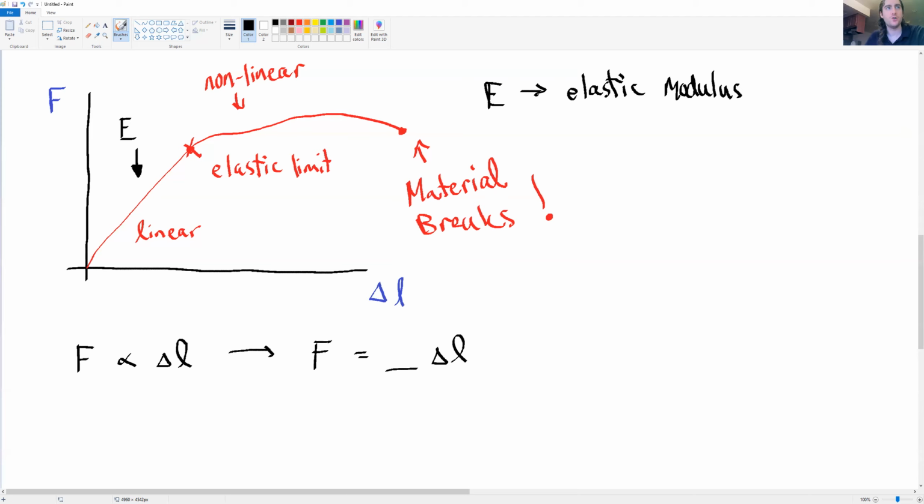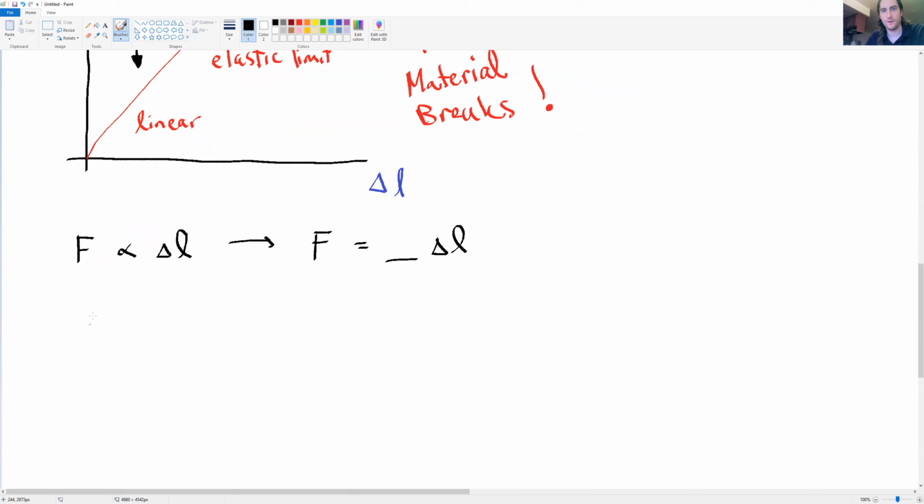Let's define two quantities. And this is going to help us understand what's going on here. There are two quantities that we wanted to define. The first one is stress, not stress from factors in your life or whatever, but physical stress, okay, which is a force that is applied to a material over that material's cross-sectional area.